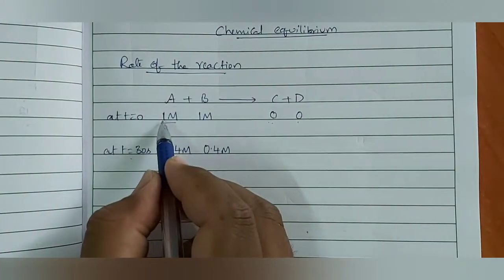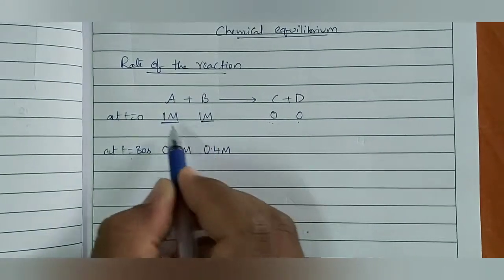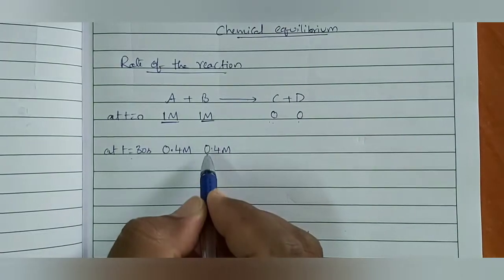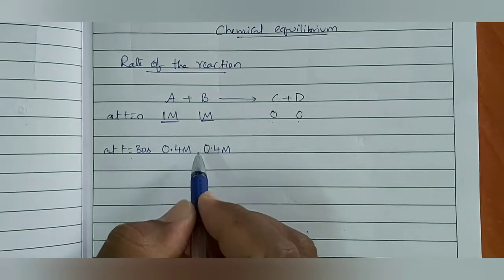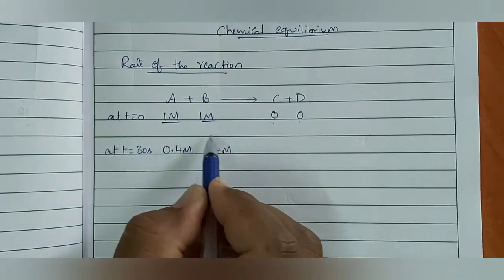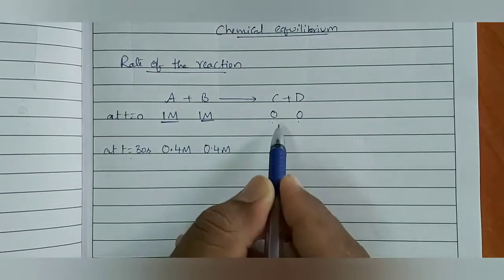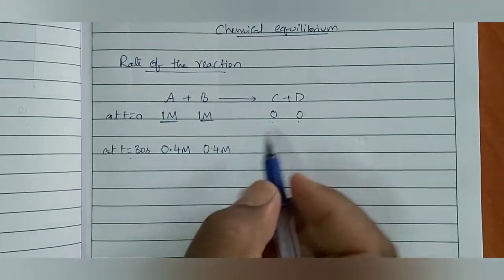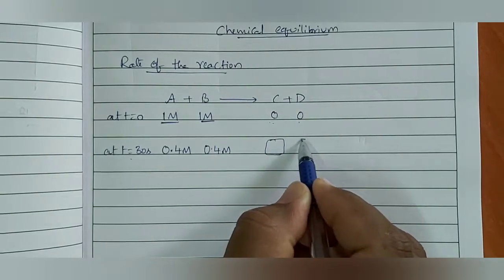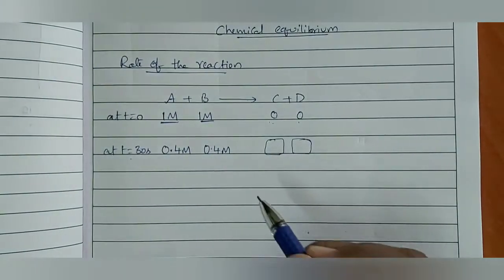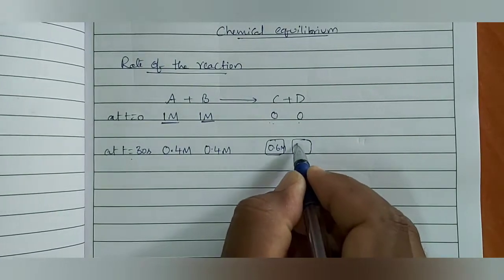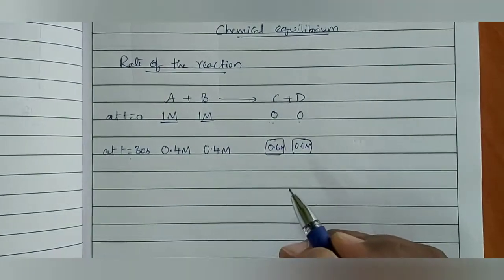Meaning 1 molar concentration initially we have taken, A as well as B, it became 0.4 molar A and 0.4 molar B. This means some amount of A and some amount of B will be reacted to form C and D. So a certain amount of C will be formed as well as a certain amount of D also will be formed. That one I am going to write as 0.6 molar and 0.6 molar.